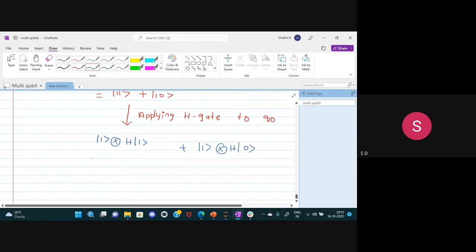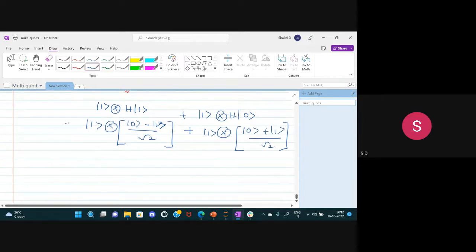And what do we get in this? 0 minus 1 divided by root 2 plus 1 tensor product of 0 plus 1 divided by root 2.